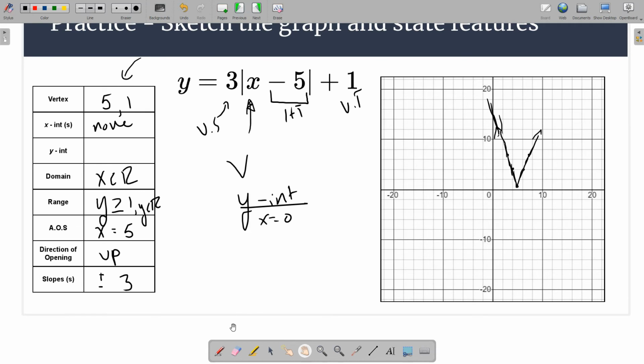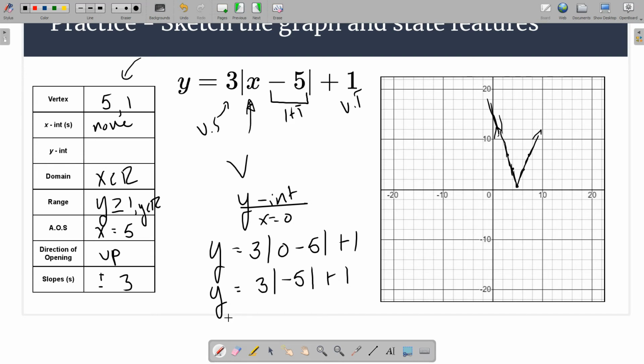So y is equal to 3 times the absolute value of 0 minus 5, plus 1. Then I'm just going to keep evaluating. So y is equal to 3 times the absolute value of -5, plus 1. So 3 times 5 is 15, plus 1, and that's equal to 16. So my y-intercept is (0, 16).